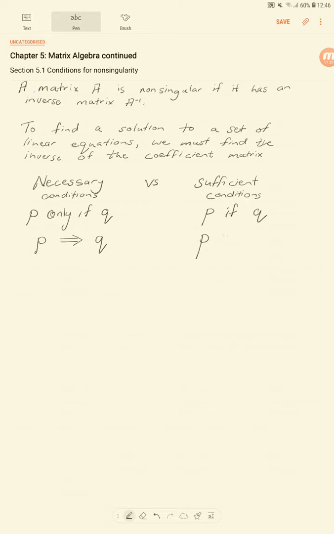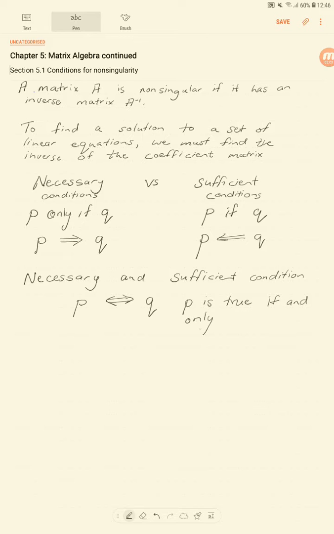This is denoted by P with a double arrow towards the left and Q. A necessary and sufficient condition is denoted by P with a double arrow in both directions, Q. This states that P is true if and only if Q is true.